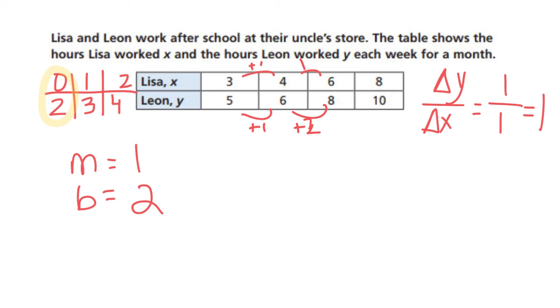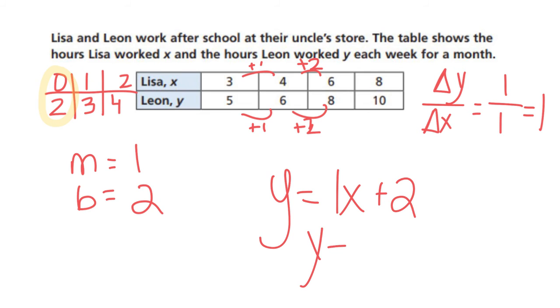And from 4 to 6 was a change of 2. 2 divided by 2 is still 1. So y equals 1x plus 2, or y equals x plus 2 would be your equation for that table.